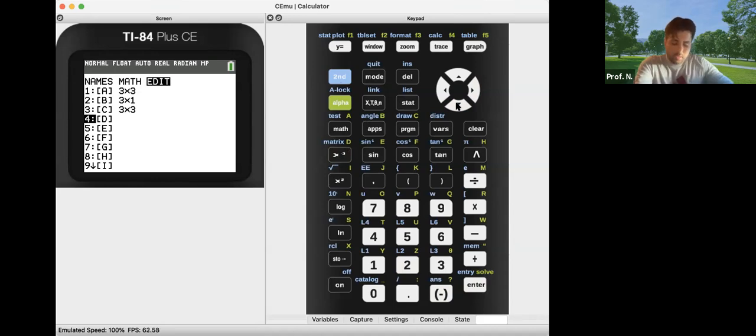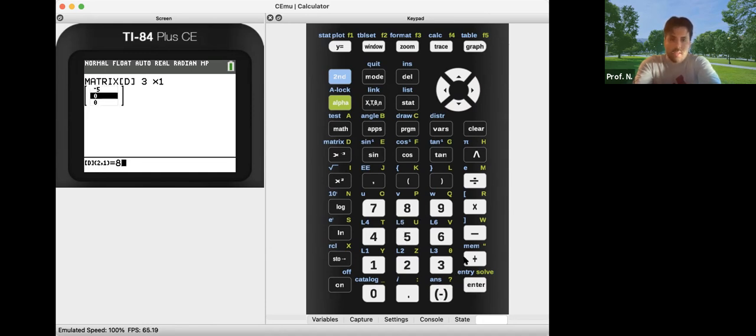And then D is going to be 3 by 1. It's going to be the vector negative 5, 8, negative 5.